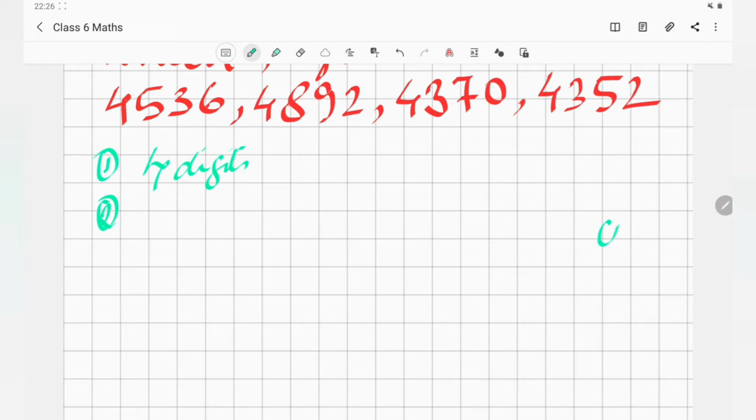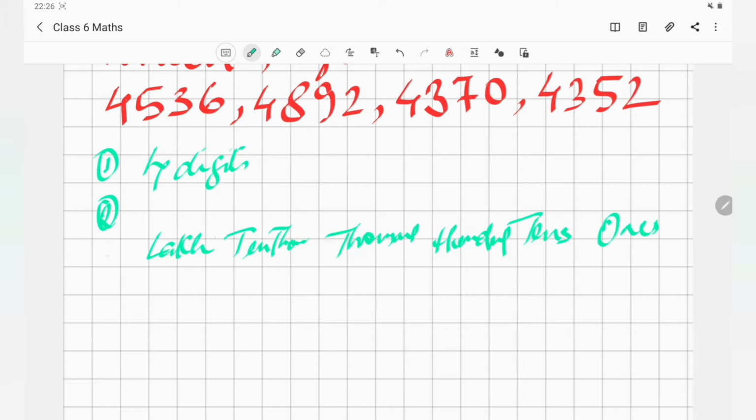We start with ones, then tens, then hundreds, then thousand, then 10,000, and so on and so forth. After 10,000 it will be lakh, then 10 lakh, and so on.